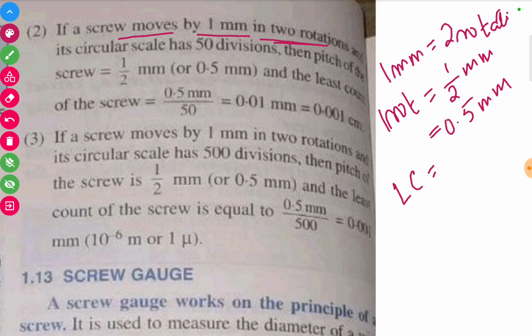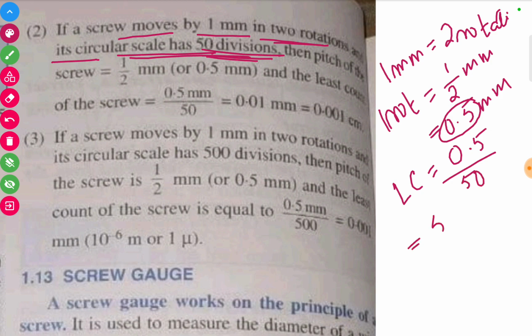Least count is the pitch, that is 0.5, divided by the total number of divisions in the circular scale. Its circular scale has 50 divisions, so divided by 50, which is 0.01 millimeter.